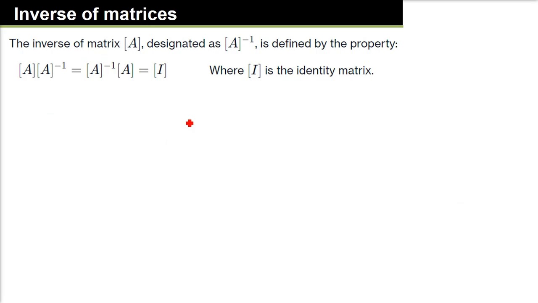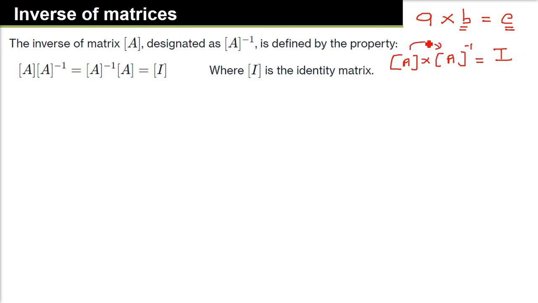Inverse of matrices. What is an inverse? If I take a value A and operate this with B, and I get an identity element, we say B is the inverse of A. So for any matrix, when the inverse is applied to that matrix, that is, you multiply them, you should get a matrix which is called the identity matrix.